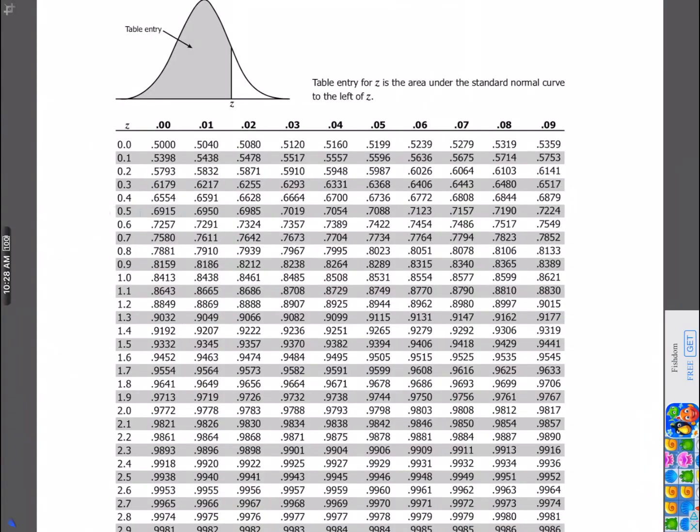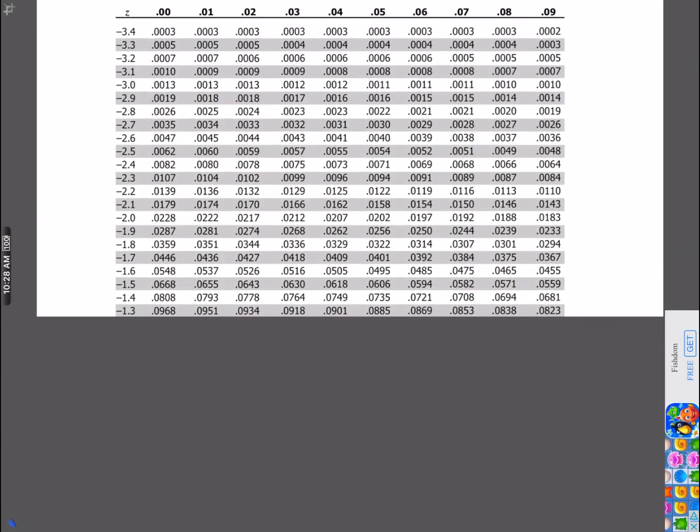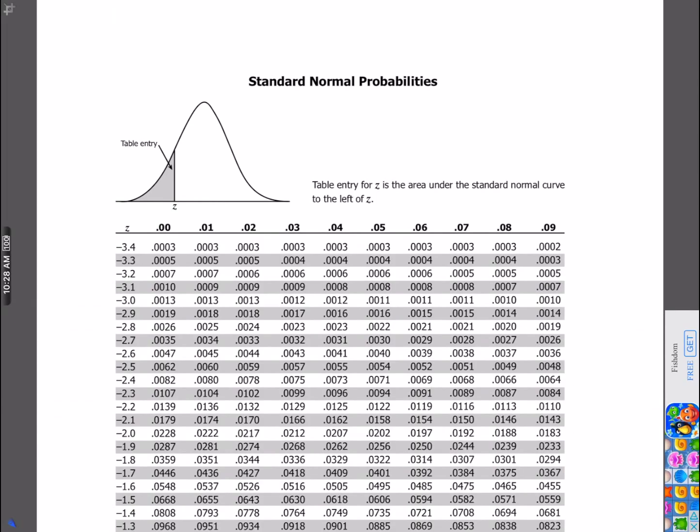Looking up the first one, 0.50 is going to be 0.6915. The other one was negative 2.5, so we'll move over to the negative side, down to negative 2.5 and over to 0. 0.0062.